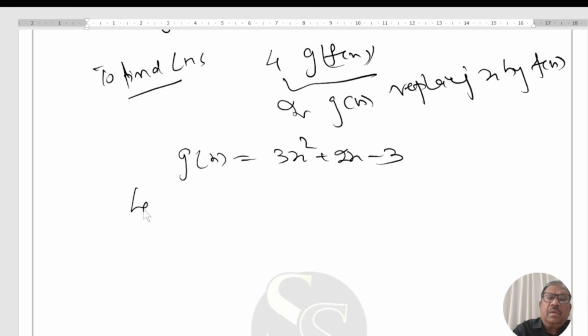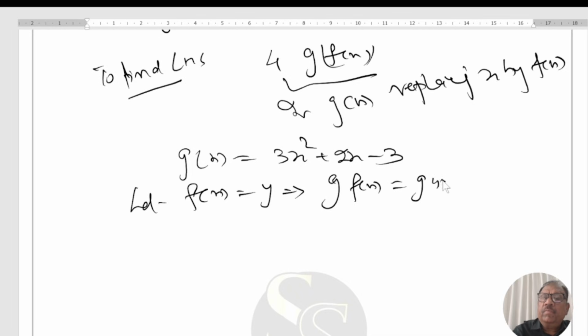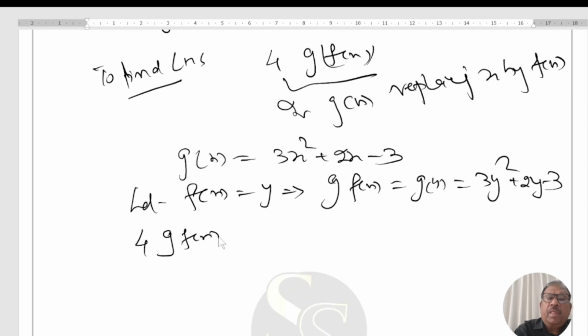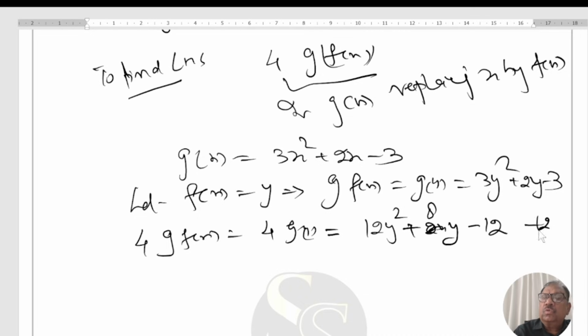Then let f(x) equal to y. Then g(f(x)), that is g(y), equal to 3y square plus 2y minus 3. Then 4 of g(y) equal to 12y square plus 8y minus 12. So this is equation 2.